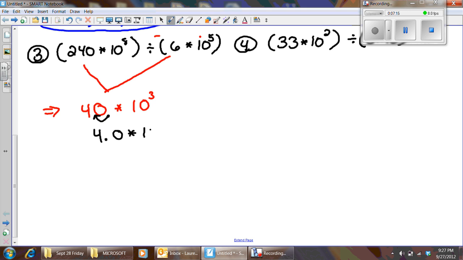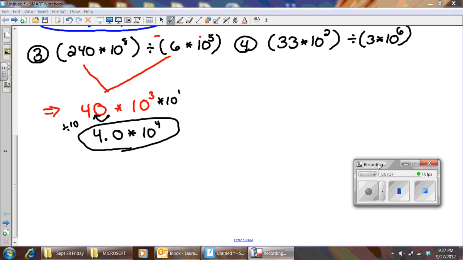But if I want to keep the number the same, just change the way it looks, if I divide this by 10, here I have to multiply by 10, and that will change 3 to a 4. And there you go. There's the answer in scientific notation.